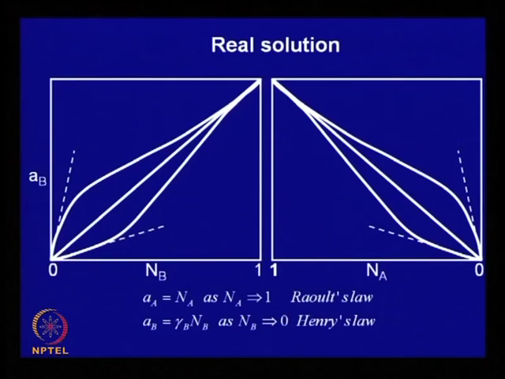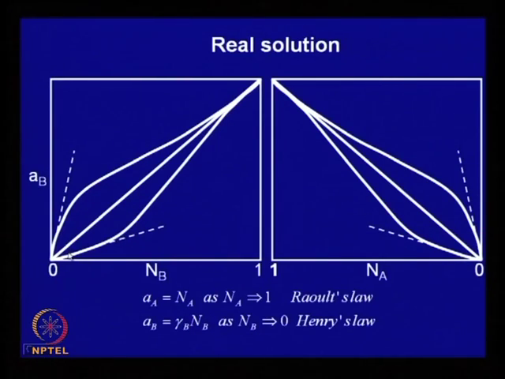Now, if you plot the activity of an ideal solution against atom fraction, in that case the activity equal to atom fraction is given by this line at 45 degrees. So, this is the case for ideal solution, and here this is the activity.